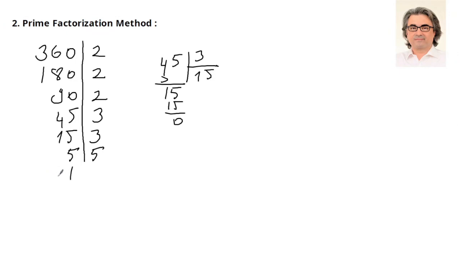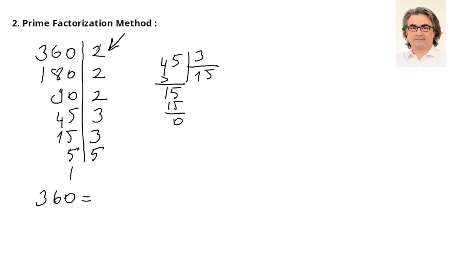So I have just finished this operation, and I reached all prime factors of 360 here. I have 2, 2, 2, 3 2s, 2 3s, and only 1 5. If you multiply these numbers, you will get 360. So write here the result.